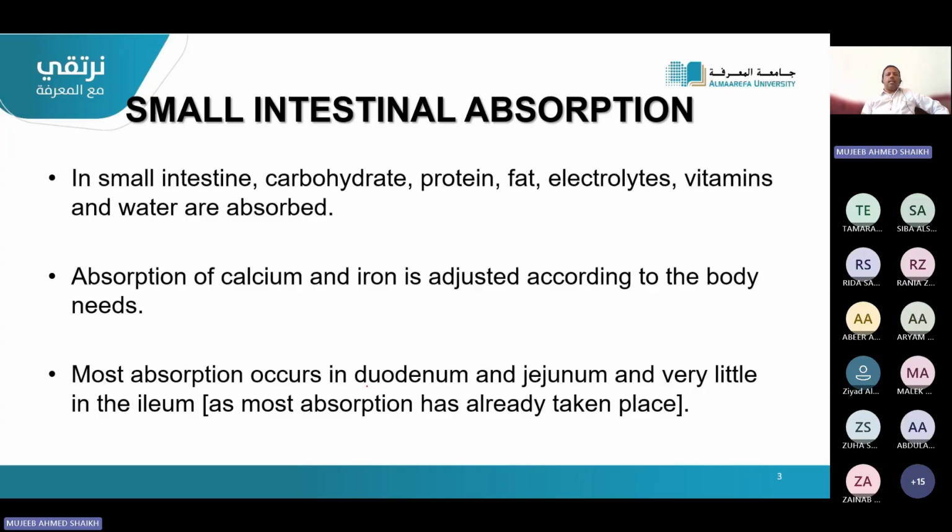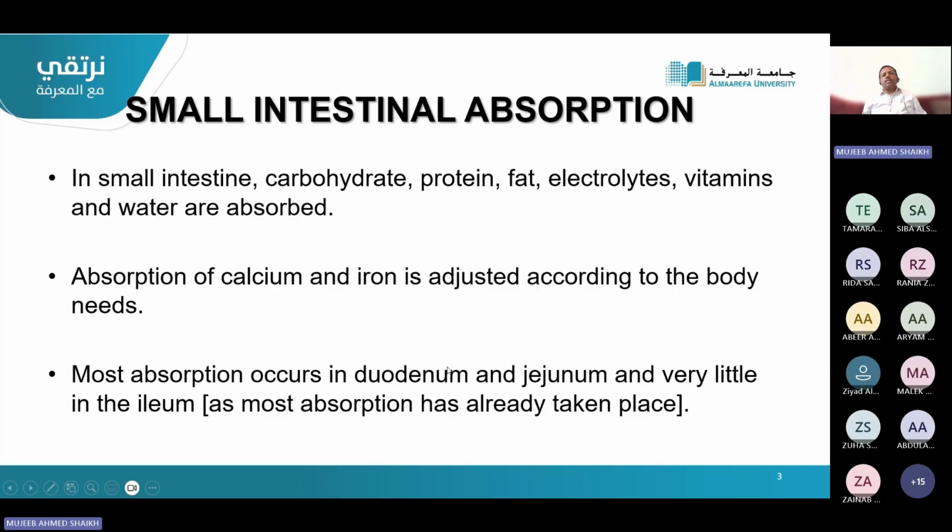Another important thing is that absorption mainly occurs in the earlier parts, like the duodenum and jejunum. So very little remains for absorption in the terminal part of the ileum, except for vitamin B12 and bile salts.